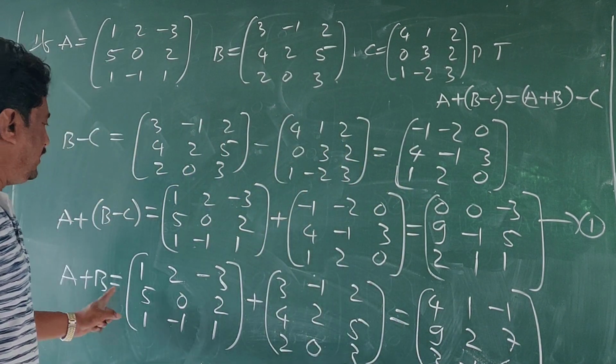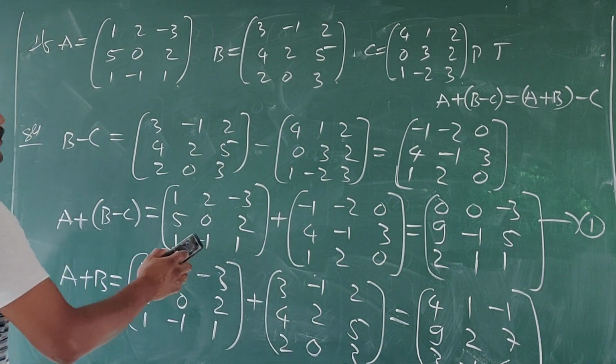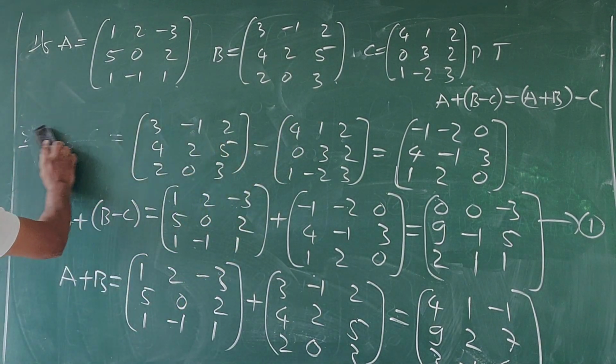Now we found A + B. Let us go for finding (A + B) - C.